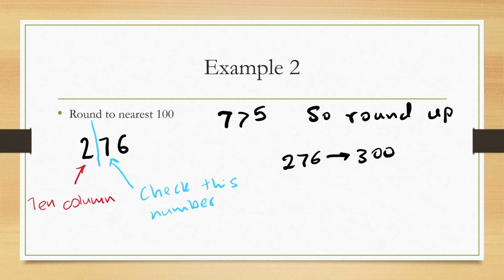Now 200 is in the hundreds column, so we move 1 to the right, and we check the second number, which is 7. 7 is in the tens column. If we check 7 against 5, 7 is greater than 5, so we round up. So we round 276 into 300. So that's what we do.